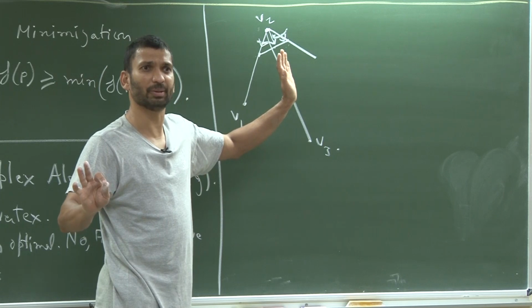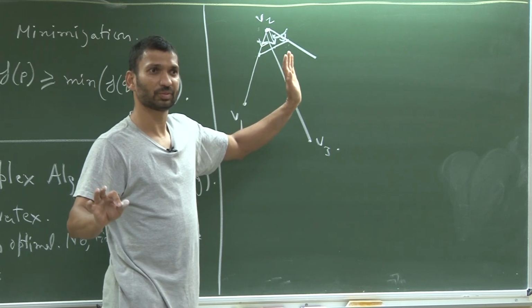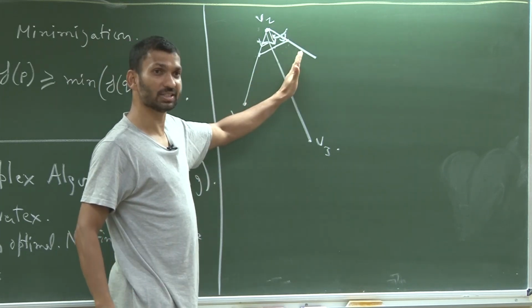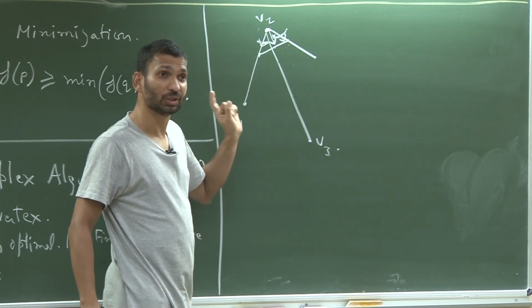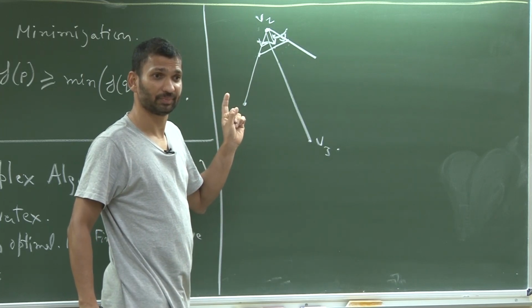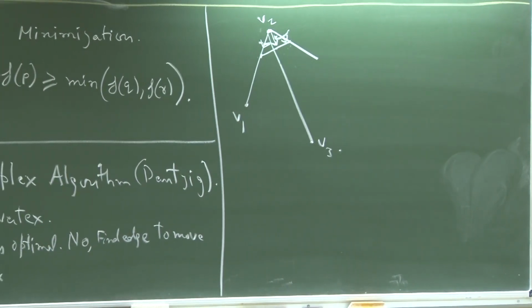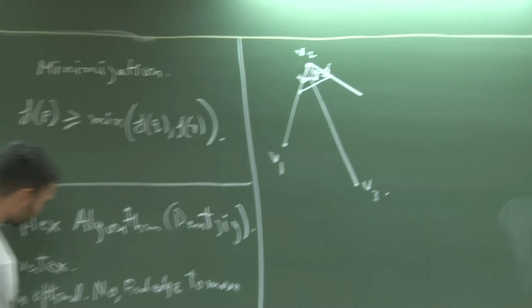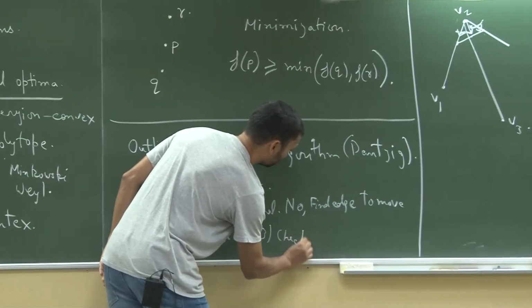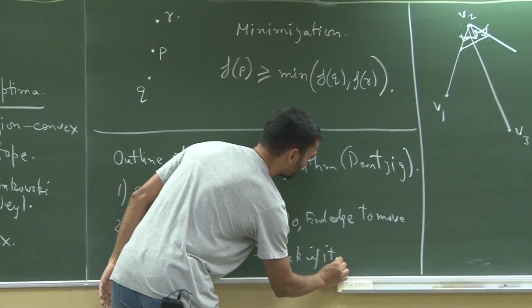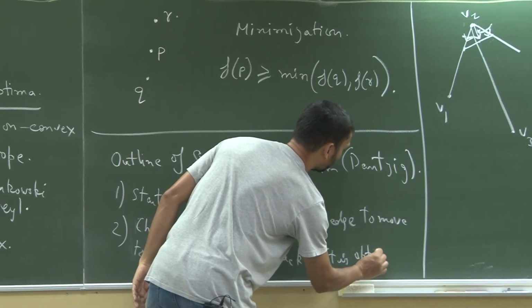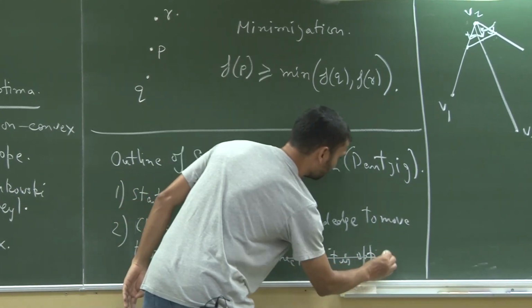Assume we are interested in the minimization problem. So it is sufficient to look at edges, again because of convexity. And then move to the other vertex and check if it is optimal, or I should say, repeat.